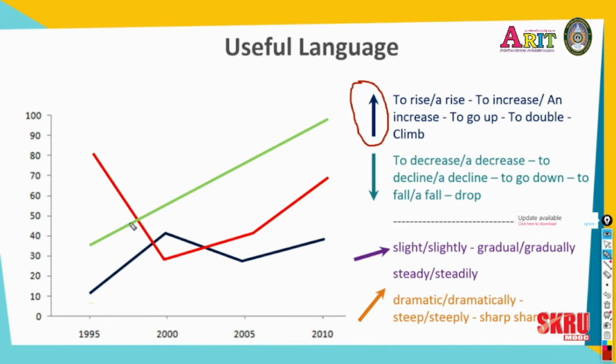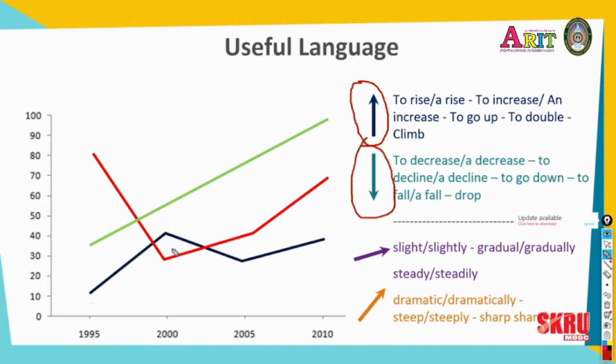So lots of vocabulary to mean going up. We have the opposite when things go down. You see here the red line starts by going down very quickly. So to decrease or a decrease, to decline, to go down, to fall, to drop, anything that means to go down can be used here to describe the data.